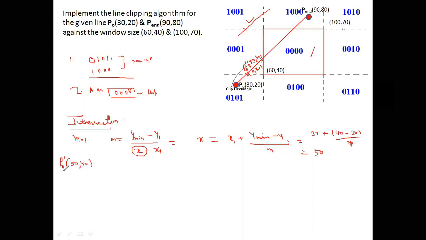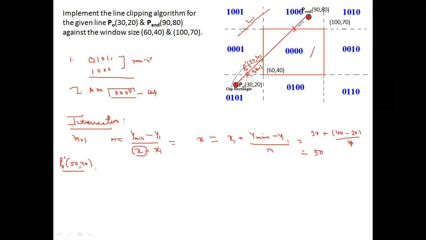Now, in the disadvantages, I told you that it follows a fixed order. Now we have to follow the cyclic order to do the clipping. We will not go with p naught and p end, we will not take the line p naught dash and p end. Now we will follow the line p end to p naught dash to calculate this intersection.